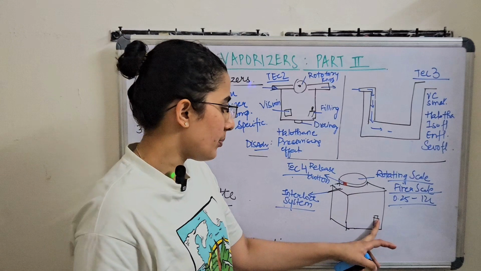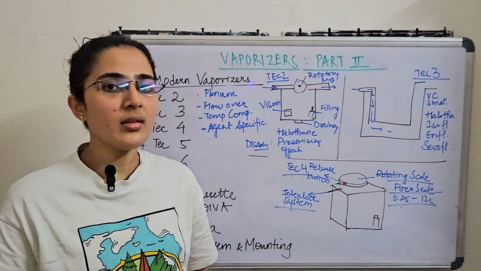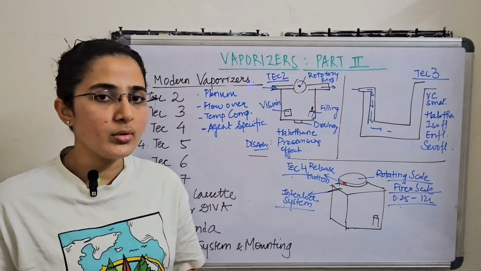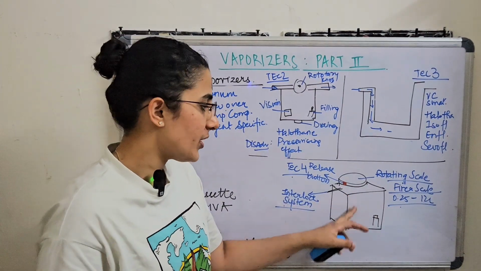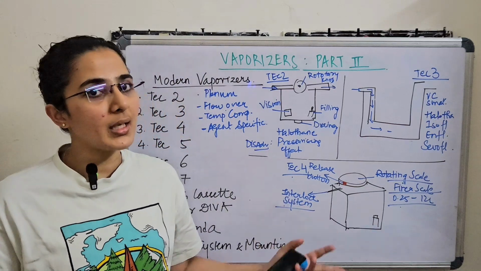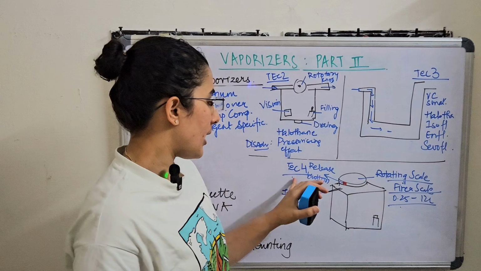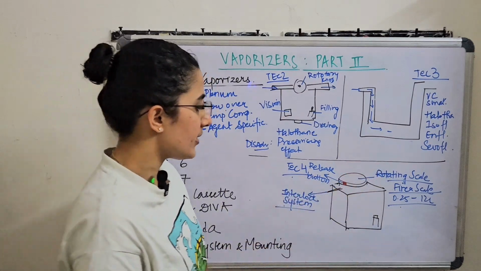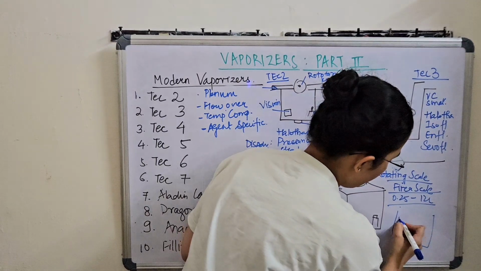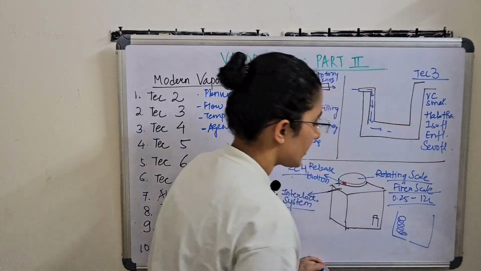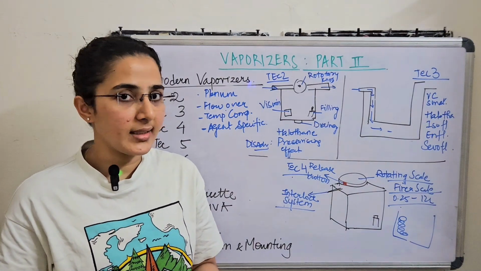It has a filling port, and whenever it is in the off position, all the gases will go through the bypass chamber, but when it is in the on position, part of it goes through the vaporizing chamber and part of it goes through the bypass chamber. One important upgrade from Tech 3 is that inside the vaporizer there are wicks with a helical system, which increases the surface area for the vaporizing liquid.